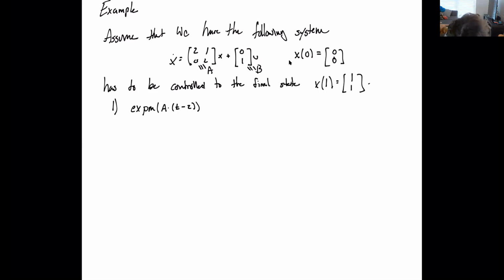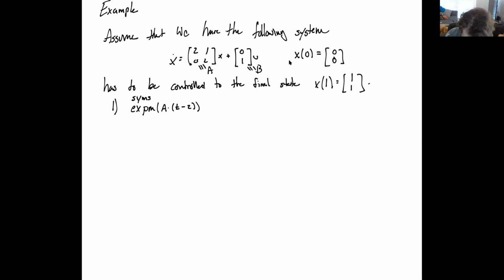Note that for this to work, we also need to use syms, the symbolic toolbox, to define a t and a tau, and these symbols have to be real. This is the MATLAB code here, and it will give us our exponential matrix.